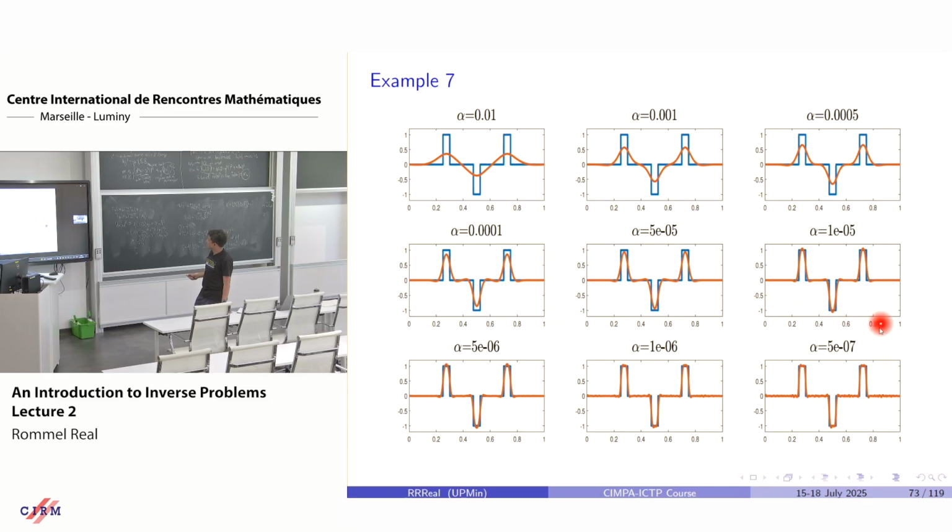But notice that as we reduce our regularization parameter, the solution has some oscillatory behavior on these parts of the function here. So the solution gets worse when we reduce our alpha further.